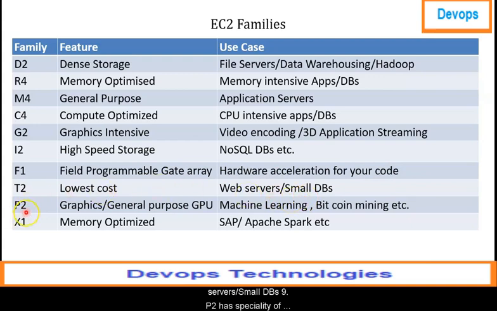Ninth one is P2, which has the feature of graphics general purpose GPU for the use cases of machine learning, Bitcoin mining, etc. 10th one is X1, which has the feature of memory optimized for use cases of SAP, Apache Spark, etc.